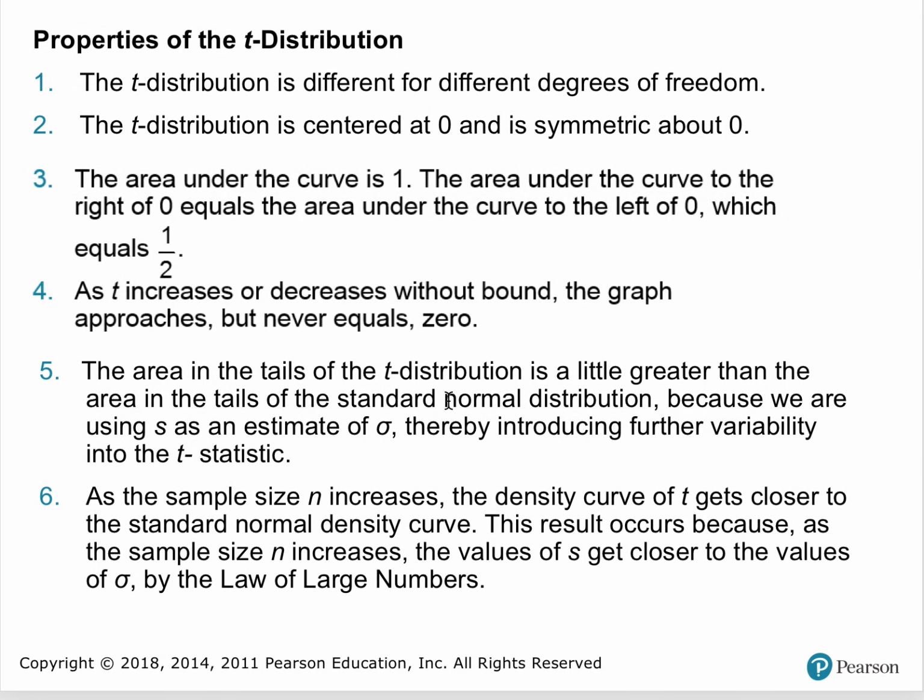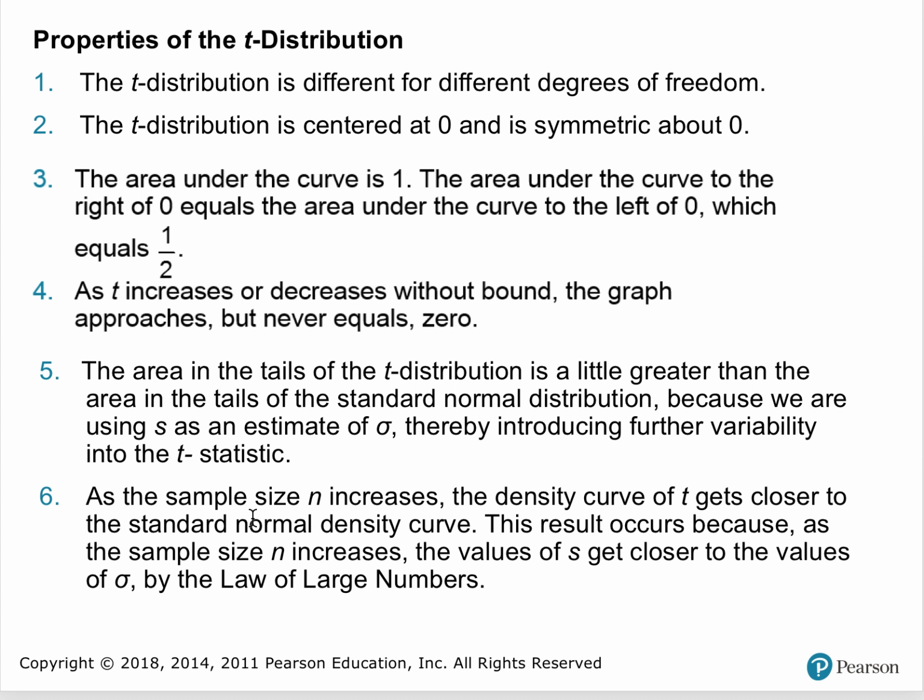The area in the tails of the t distribution is a little greater than the area in the tails of the standard normal. Because we're using S as an estimate of sigma, and that makes more variability. Okay, S samples are varying also.